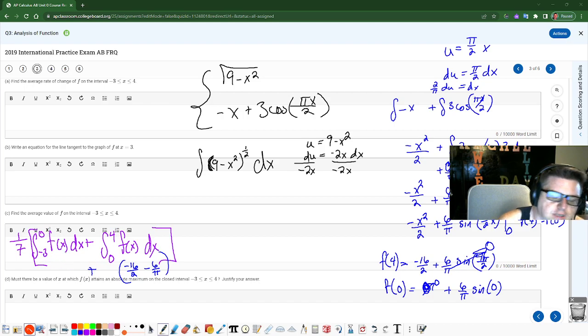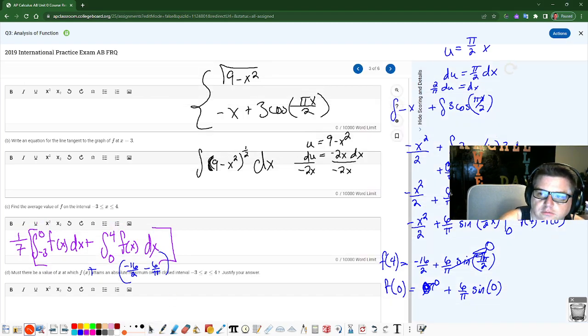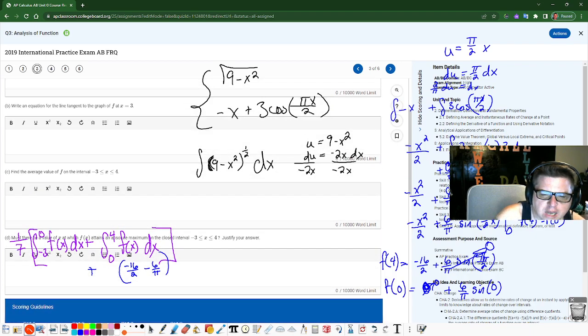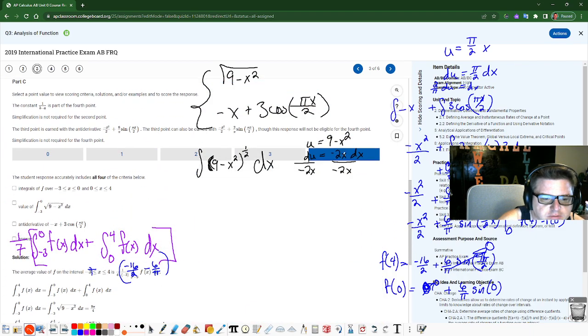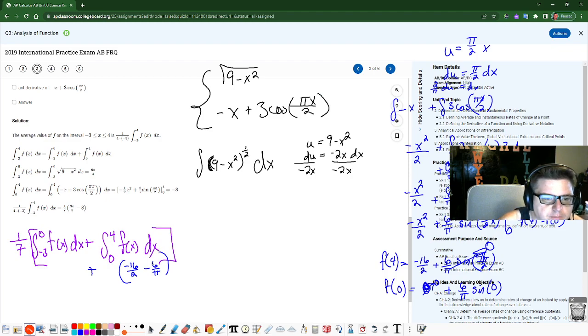Then the first piece, it's got to be an inverse trig function. But anyways, let's take a look, because I want to make sure I did this. That's just coming out to be negative 8. Interesting. I did 6 over pi.